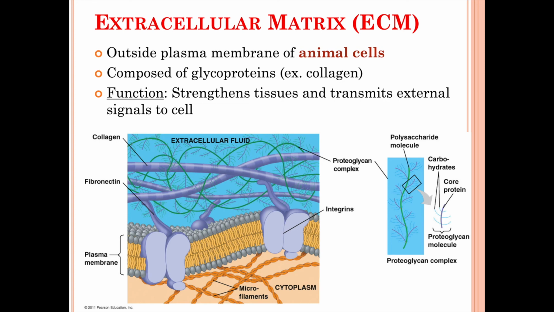Some of these proteins have extensions coming out of them, and some may have extensions that contain polysaccharides, and they help with cell signaling and help the immune system recognize cells. Some of those polysaccharides on the surface of the cells help to identify what are your own cells versus what are foreign cells.